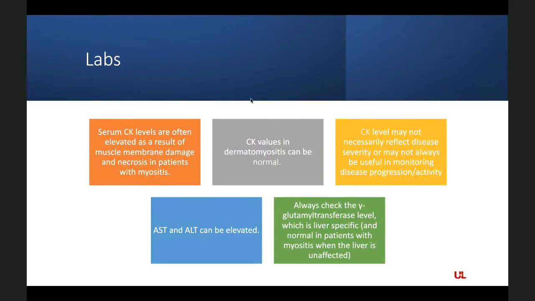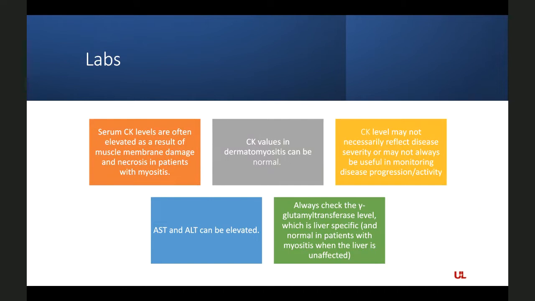Moving ahead, when we do suspect dermatomyositis in patients, the first thing that we want to look at is the CK. CK in dermatomyositis can be normal, so we cannot completely rely on CK for dermatomyositis.